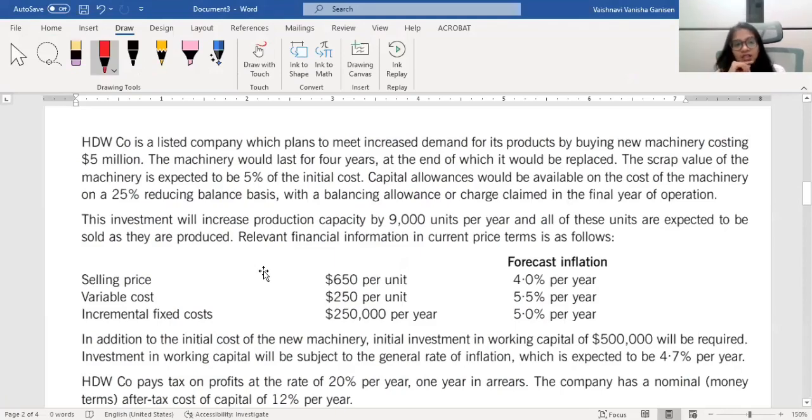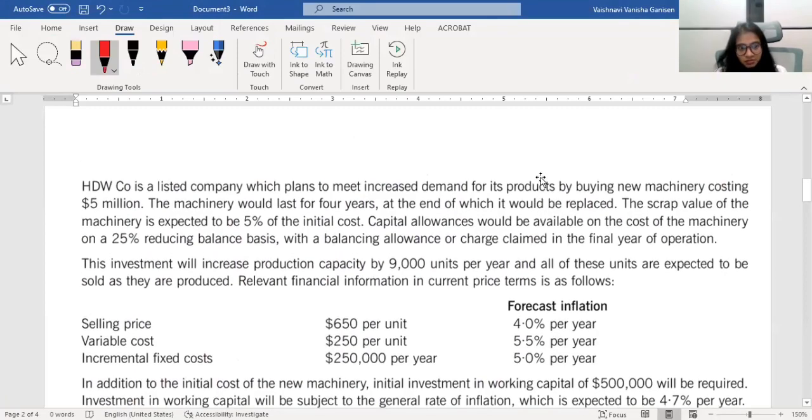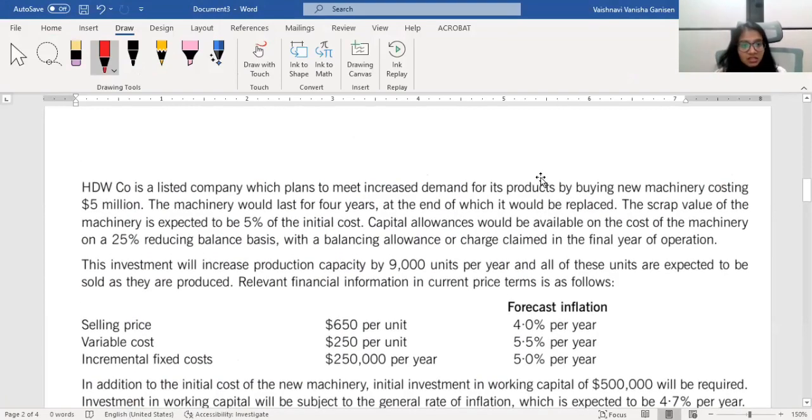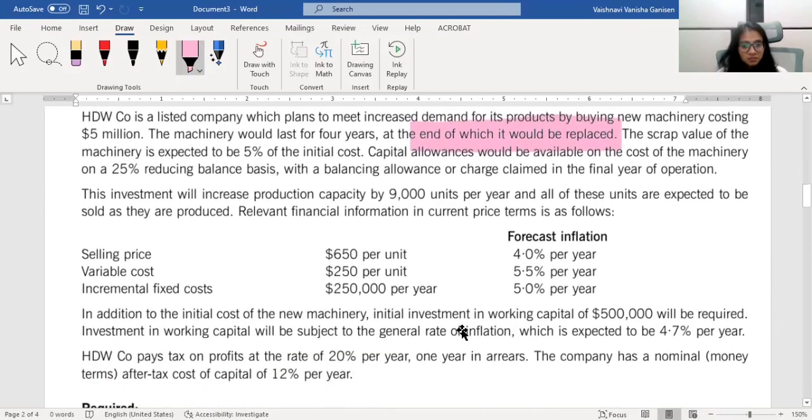Number one, HDW uses a specific inflation rate. And number two, there is a scrap value for this question. Number three, the most important difference that allows me to teach you something new is the asset replacement. So when the asset is replaced, your working capital will not be recouped. You will continue to increase it.